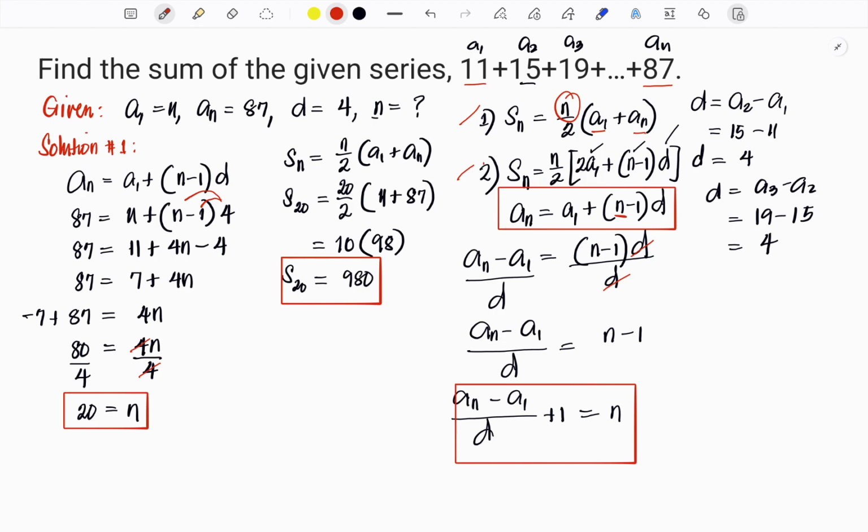Okay, earlier I derived the formula for n here instead of substituting the values to the arithmetic sequence formula. Now let's try to solve using this formula to see if we will arrive at the same answer.